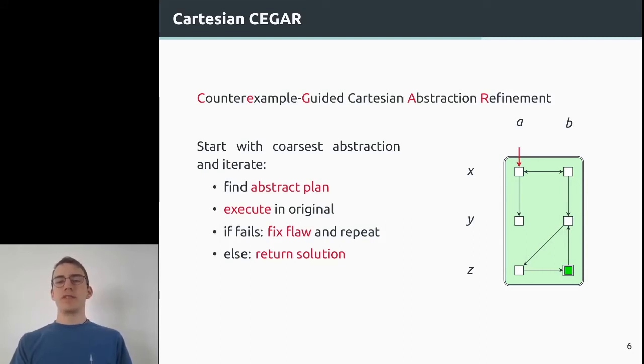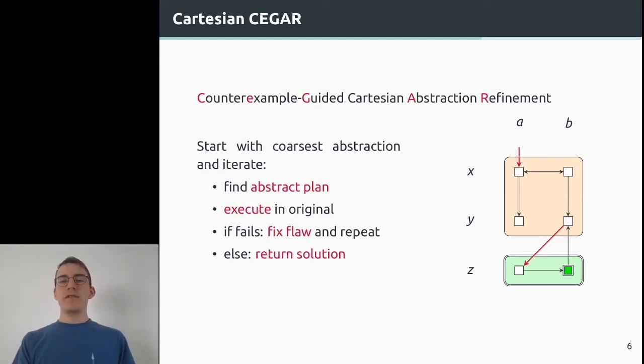And of course, one explanation is that the second variable does not have the value c already. So we split off all the states where it has this value from those where it doesn't. We then start over and find an abstract plan for this problem.